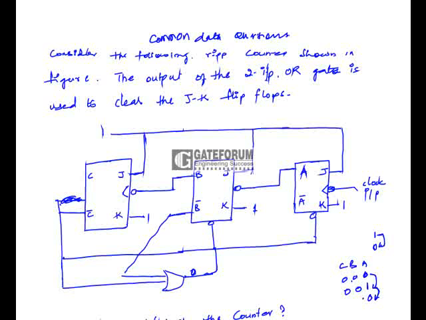So 0 will become 1, and from 0 to 1 it will not change the state of the third flip-flop, so it will be 0. Now this 0 will become 1, as the clock transition is from 0 to 1, it will not change its state. So 1 to 1, no change.